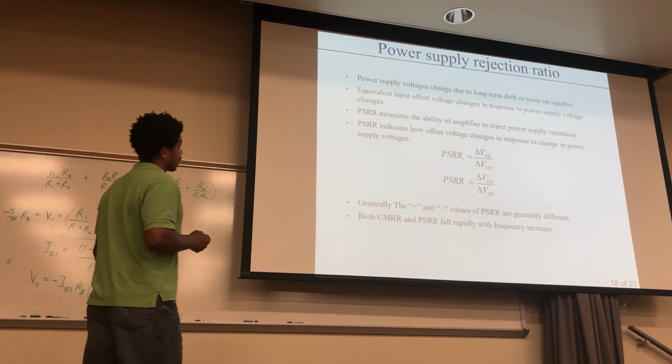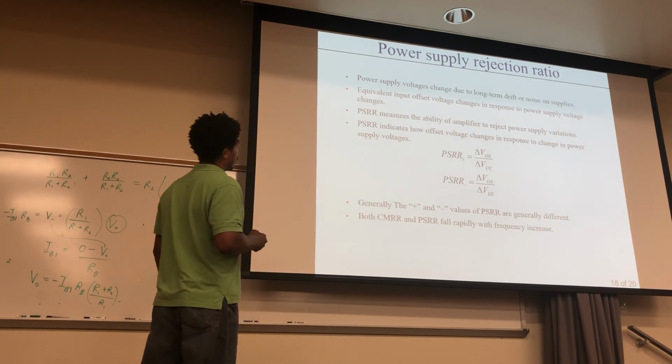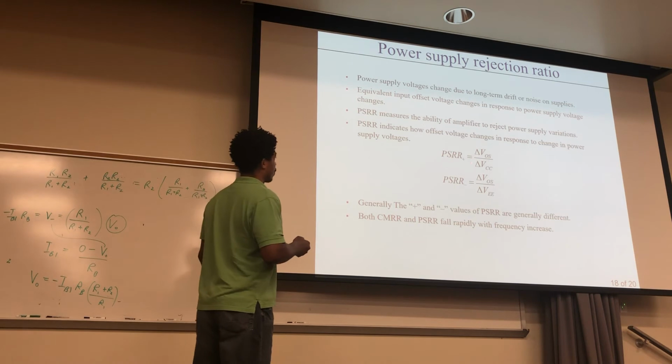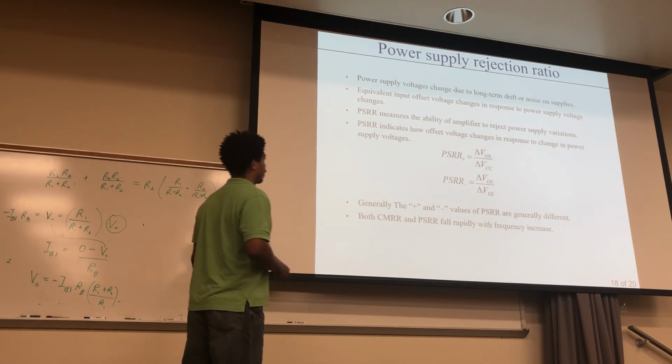It also indicates how offset voltage changes in response to changes in power supply voltages. So you're going to have one for the positive side and one for the negative side. And this is just your offset voltage divided by your supply on the positive side, and this is your offset voltage divided by your supply on the negative side.